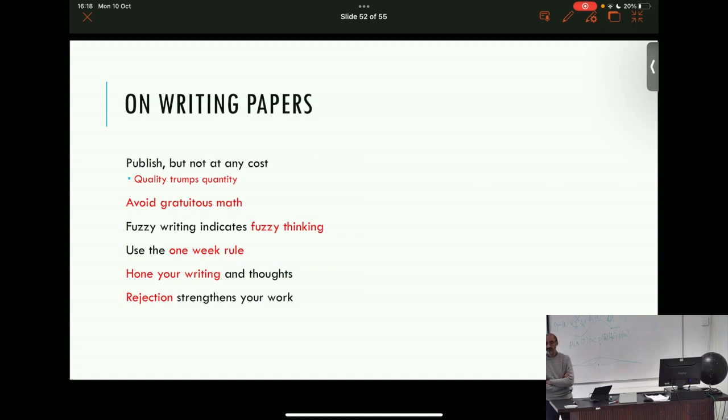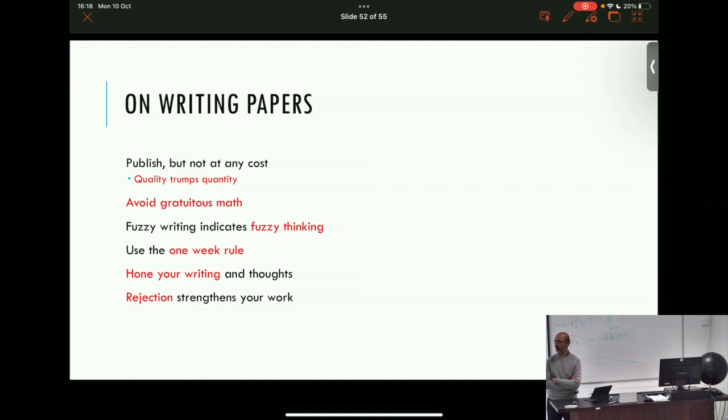Avoid gratuitous math, especially in computer systems research, which is my background. People feel that they need to put in some math just because it doesn't feel good otherwise. And so they put in these Greek symbols and equations, and you look at it and say, you didn't need to. You could have said all of that in one very simple sentence. You don't need all this complicated terminology.